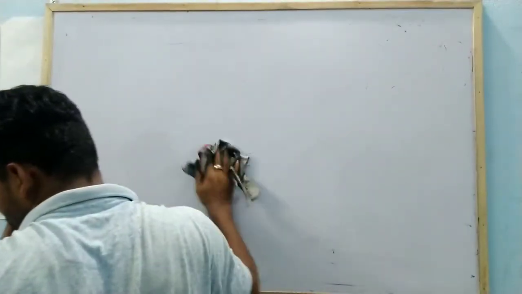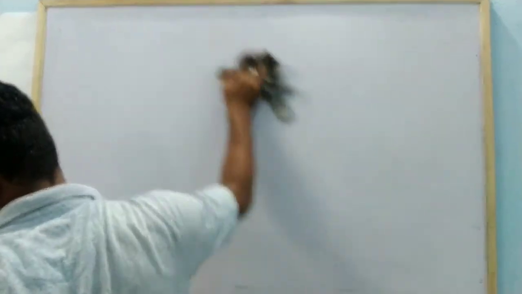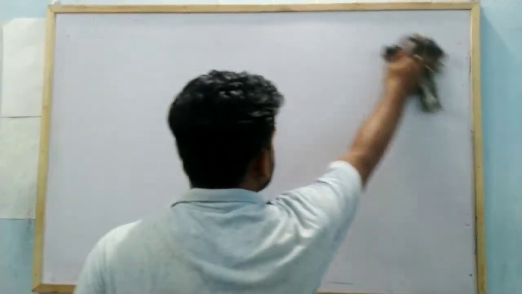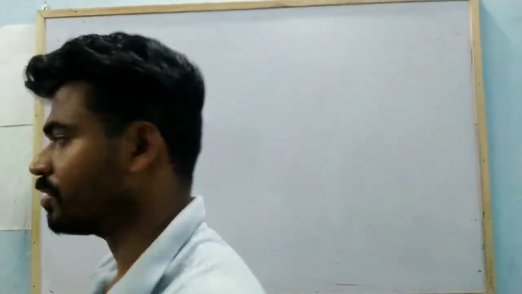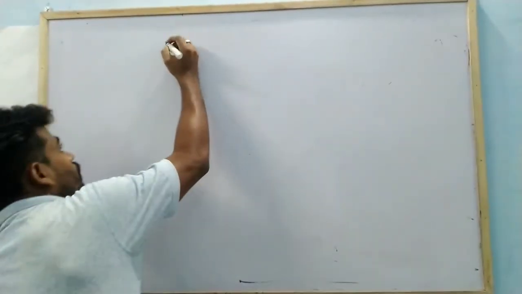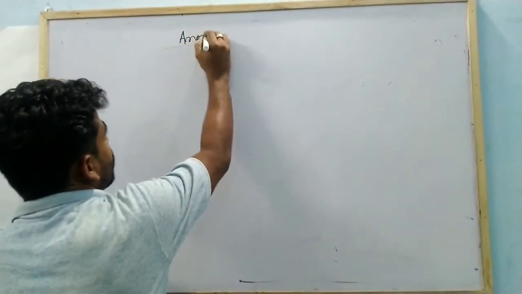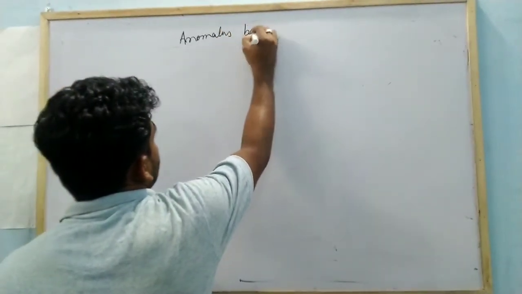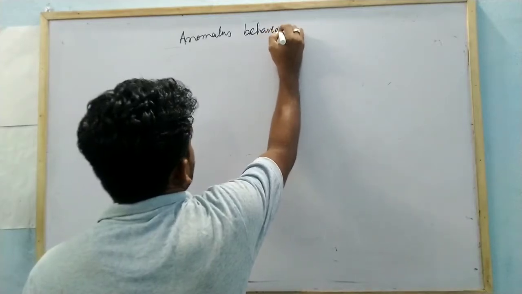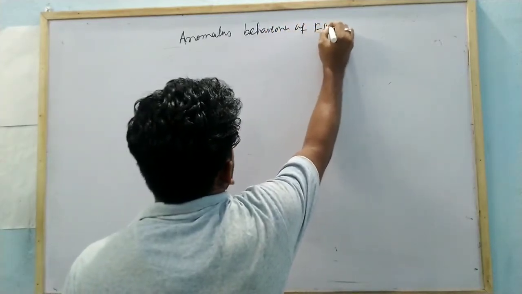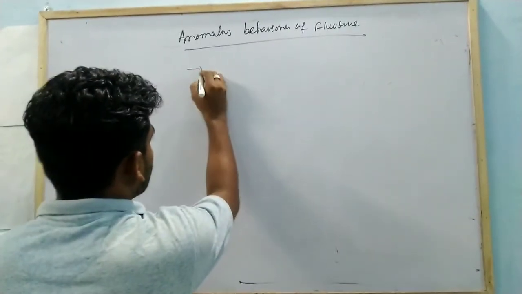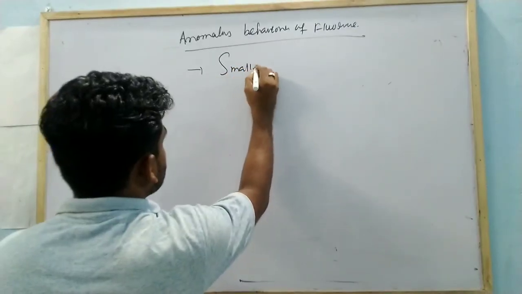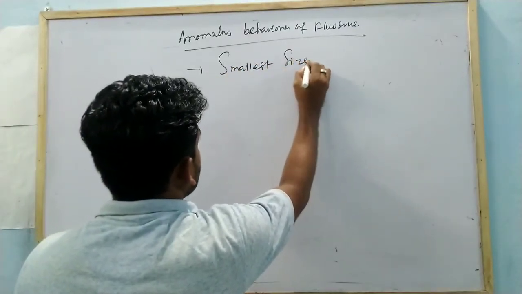Next, we will discuss how fluorine is different from other halogens, or you can say the anomalous behavior of fluorine from the rest of the elements. First, it has the smallest size.